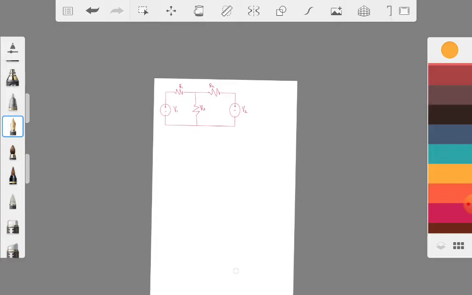Mesh analysis uses KVL, or Kirchhoff's voltage law, but we will also analyze it with KCL, Kirchhoff's current law, in order to solve the circuits that contain meshes.